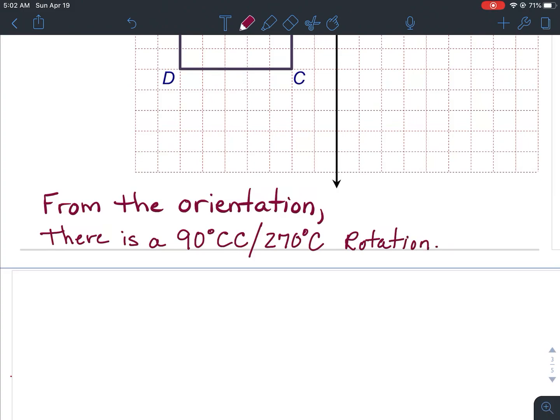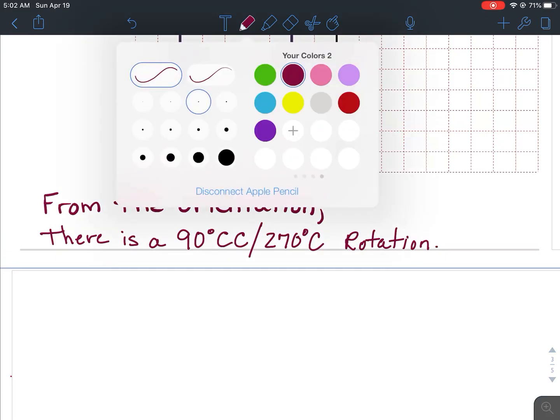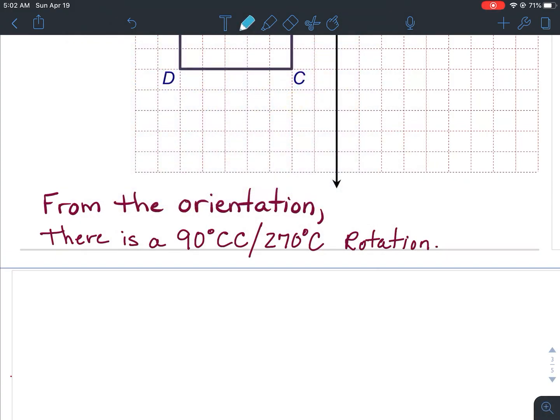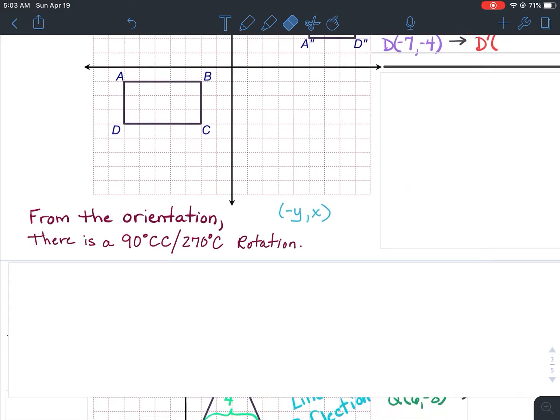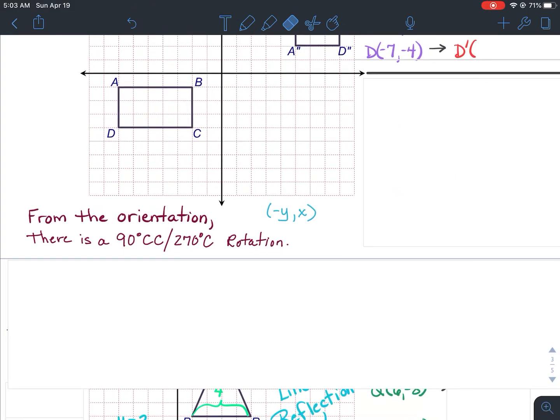So a 90 degree counterclockwise, 270 clockwise rotation looks like this: negative y, x. So our rotation looks like negative y, x.